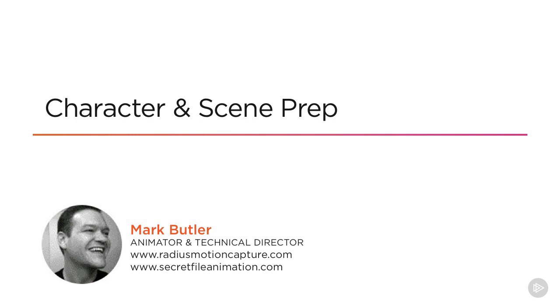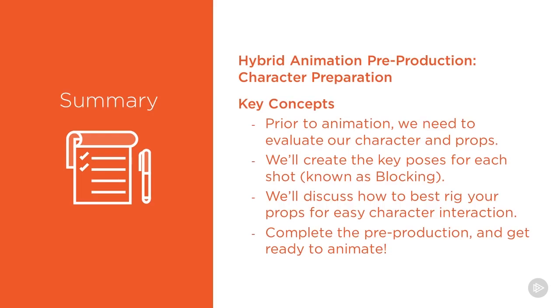Here in Module 2, we're going to be talking about character preparation for animation in the next module. Armed with our pre-production plan from Module 1, we will evaluate our character and organize our assets to handle all that will be required of them. We'll plot out our approach and create the initial poses required for our character's performance.